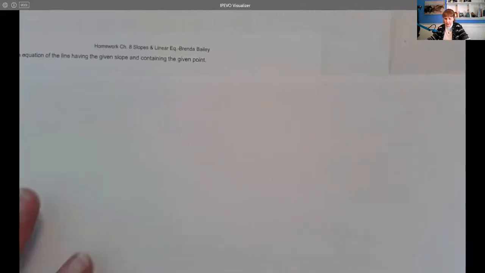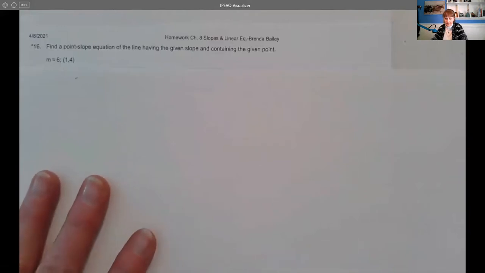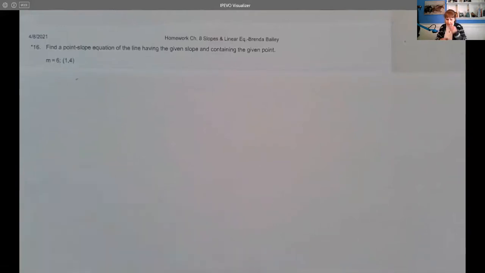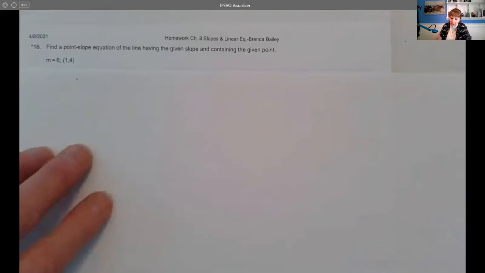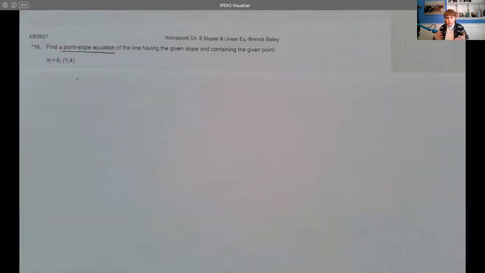So I'm hoping that's enough of an explanation for you to find the equation given the slope and the y-intercept, because we're going to look at one more template for an equation of a line. It's called the point slope equation. And again, I'm just trying to introduce these ideas to you so that when you see it again, it won't be quite so new. You'll have some basic understanding.